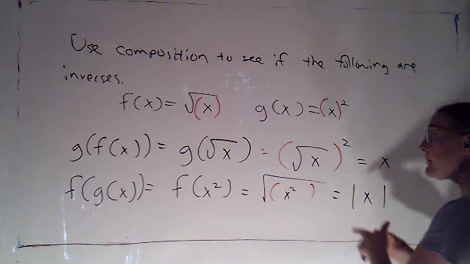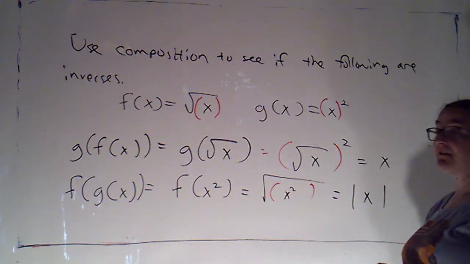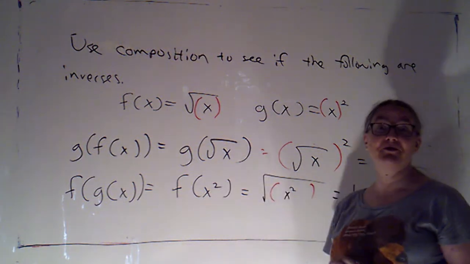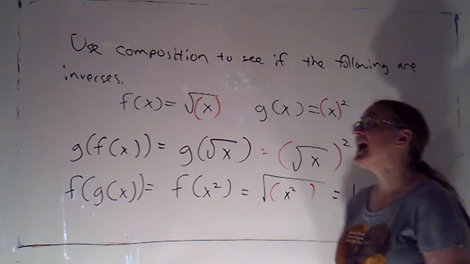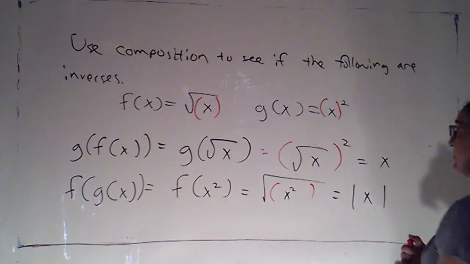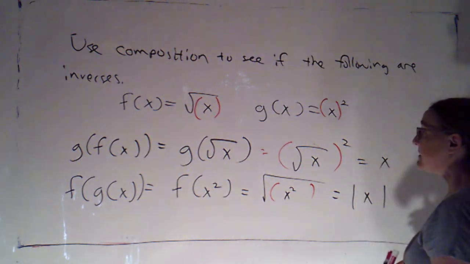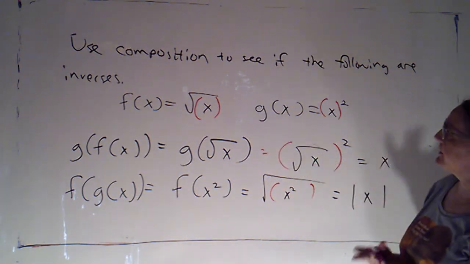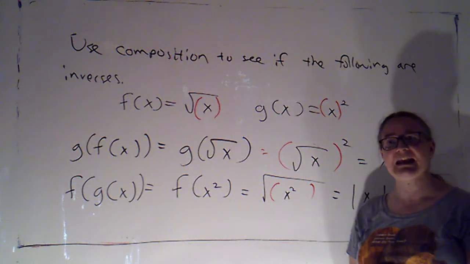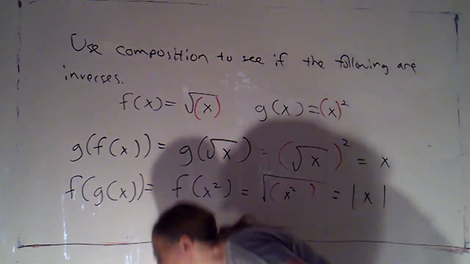But we didn't have that restriction that x had to be non-negative here because the first thing that we were doing was squaring it. So it is necessary to check both compositions, and we will return to this example in a little bit when we're talking about the domains and the ranges of our inverse functions.